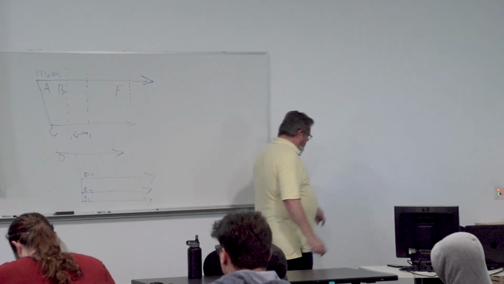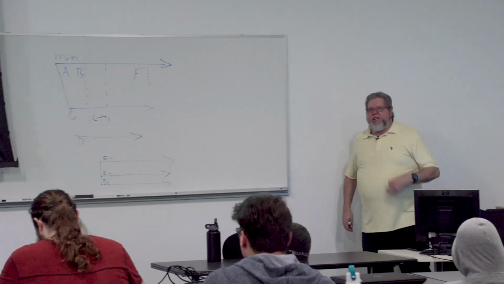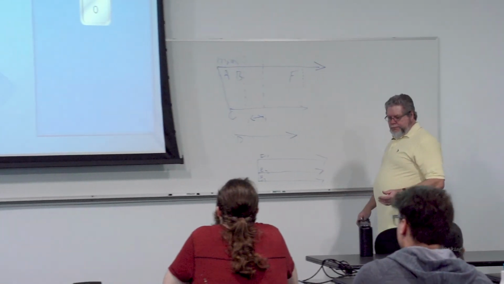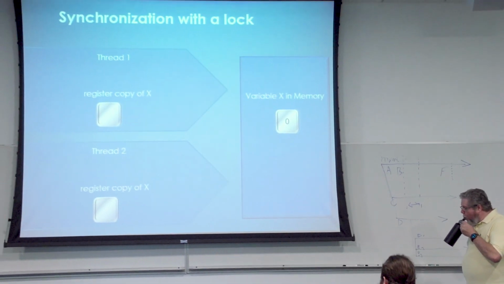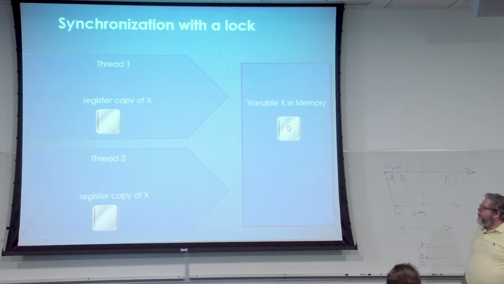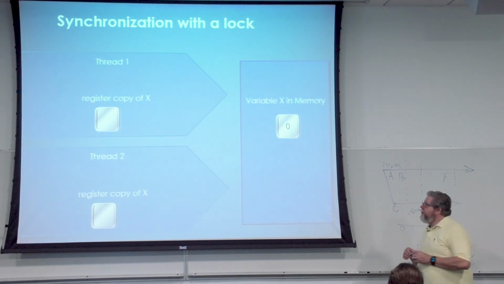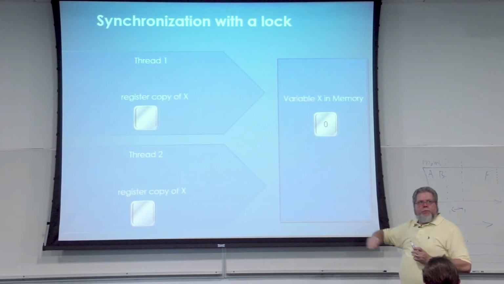So let's look at that problem again. Now, I've changed my code a little bit. Now, this is pseudocode. I have my two threads, right? Both threads show up, just like before.